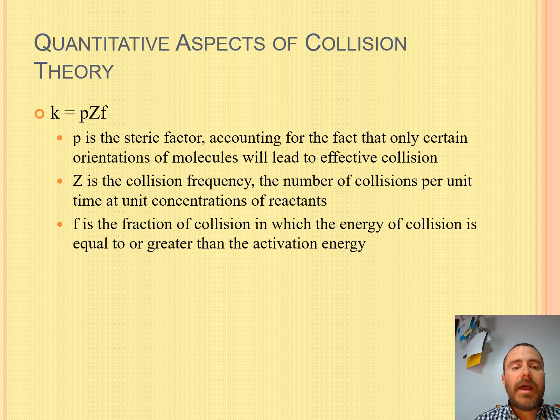And then lastly, our F is the fraction of those collisions in which we have enough energy to overcome the activation energy. If you can't overcome the activation energy, it doesn't do us any good. We're not going to have a reaction take place. The more of those we have, the higher our rate constant is going to be, and the higher the rate of our reaction will be as well.